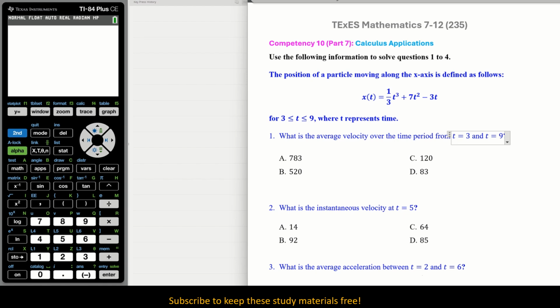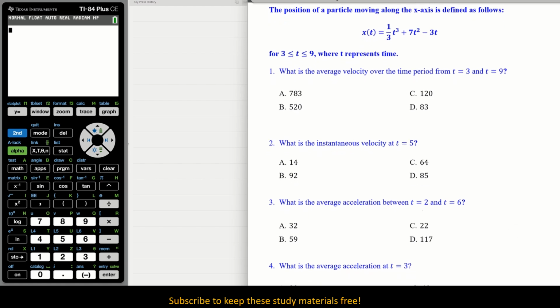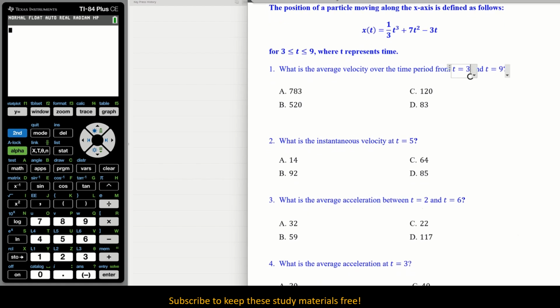Okay, so we will put this in our calculator and deal with numbers 1, 2, 3, and 4. Number 1 says, what is the average velocity over the time period from t equals 3 and t equals 9? What they're really asking for is the slope over that time period.